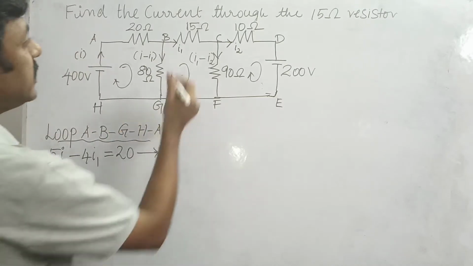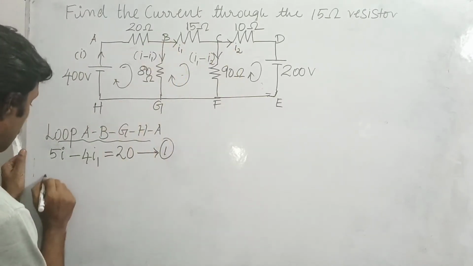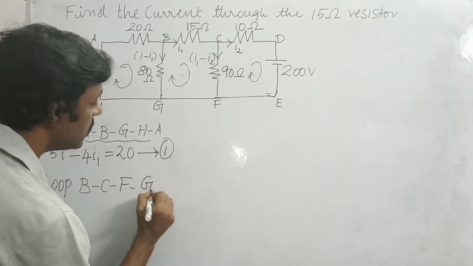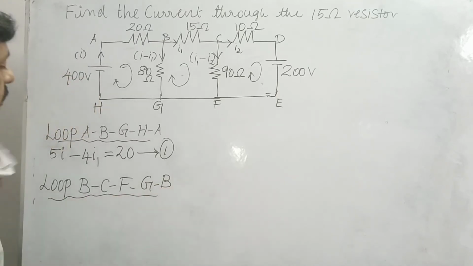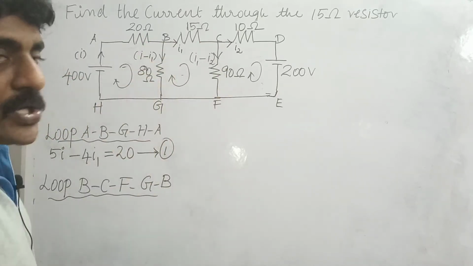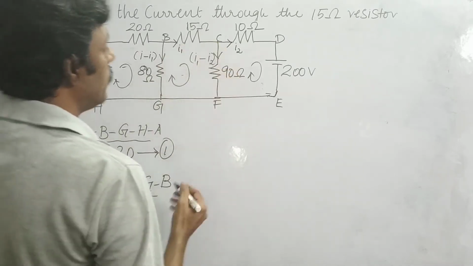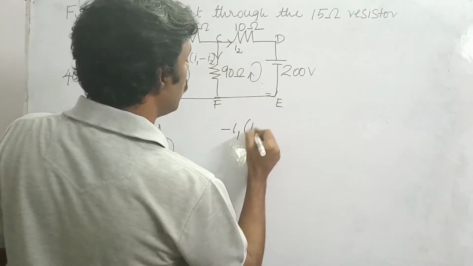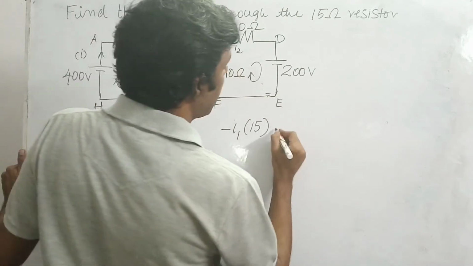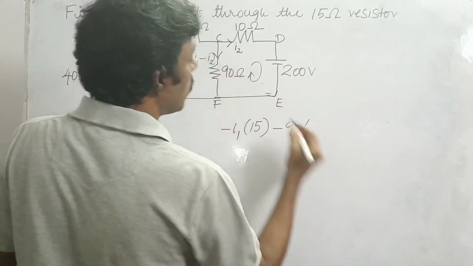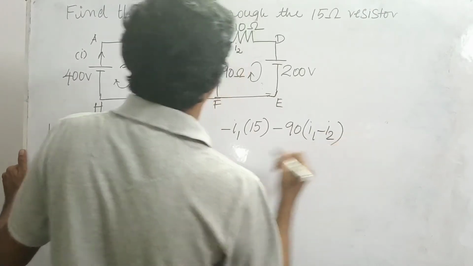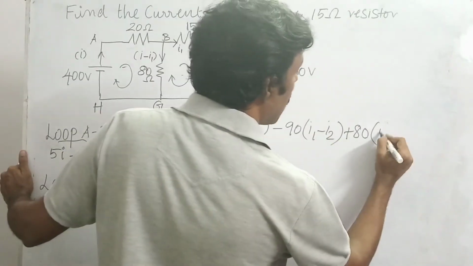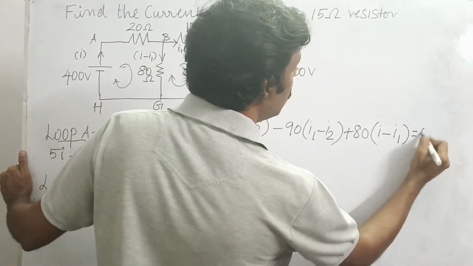Now I am considering the second loop, loop 2, BCFGB. If I apply KVL over here, the values that will come are minus I1 into 15, minus 90 into I1 minus I2, and plus 80 of I minus I1, which will be equal to 0.